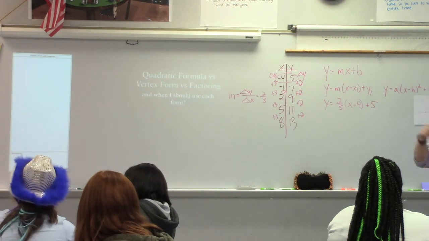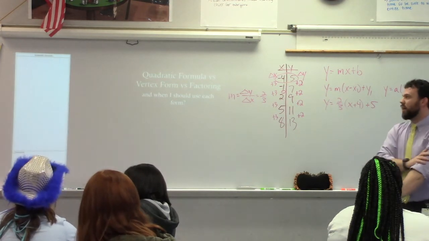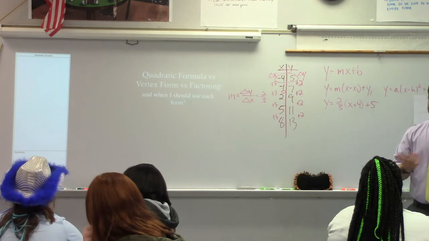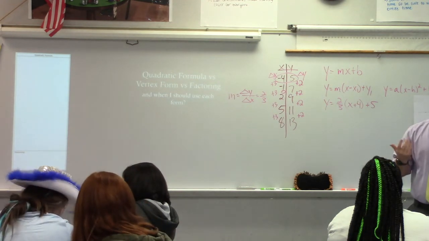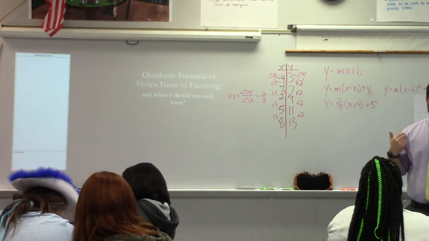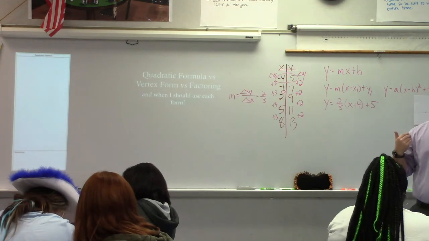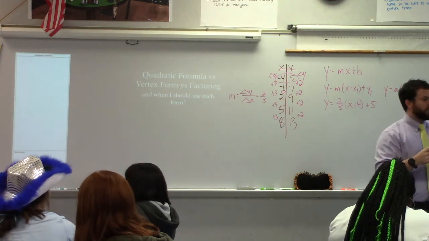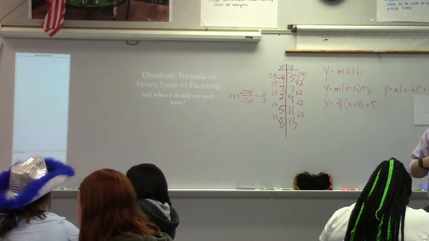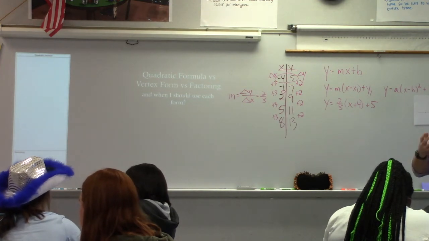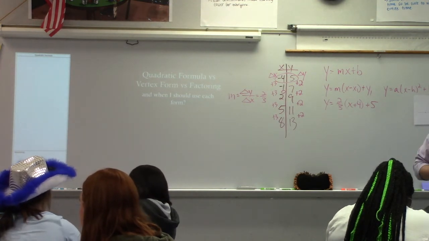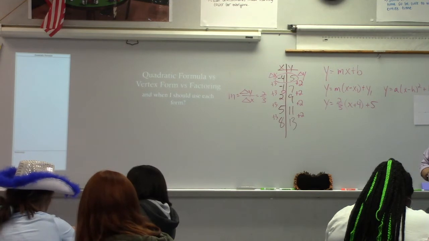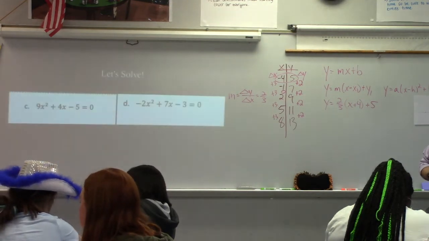But then if none of those work, that's when I go to the quadratic formula. I'll be honest, I know Miss Estel really likes the quadratic formula, and that's fine. I just feel like there's a lot of places to mess up on the quadratic formula, because there's multiplication, subtracting, squaring, a square root, so there's just a lot of small details that you can mess up on. That's why I don't particularly love using quadratic formula all the time.